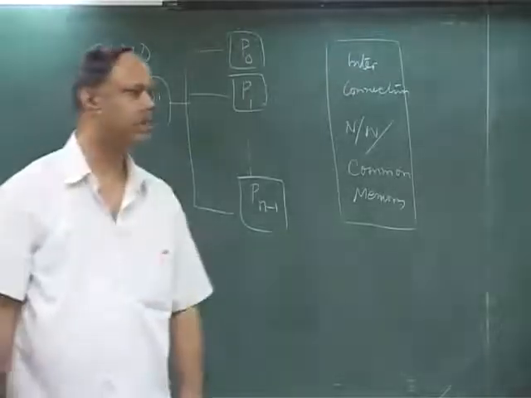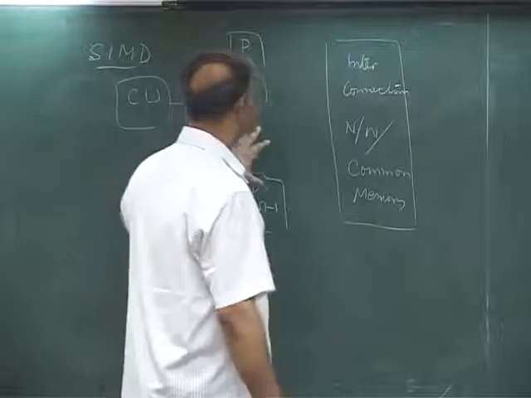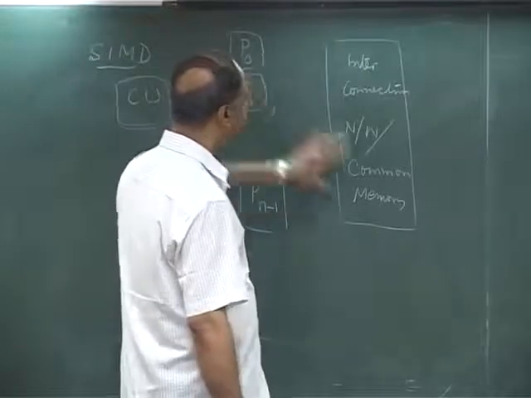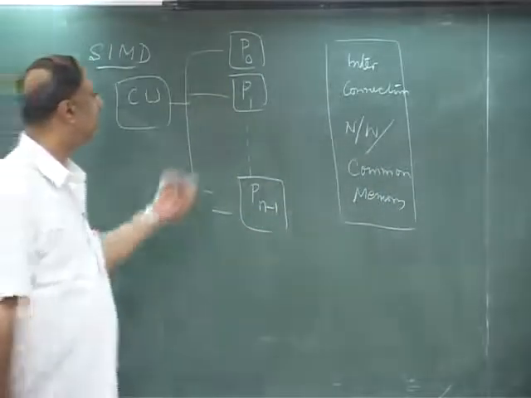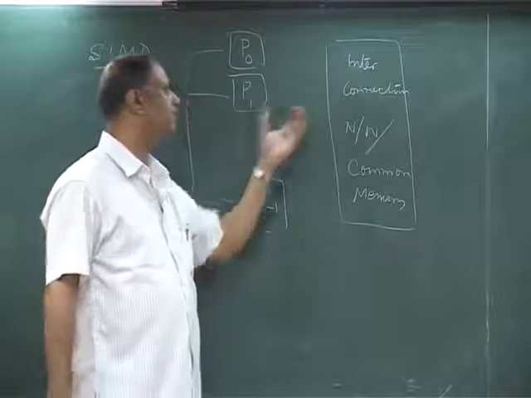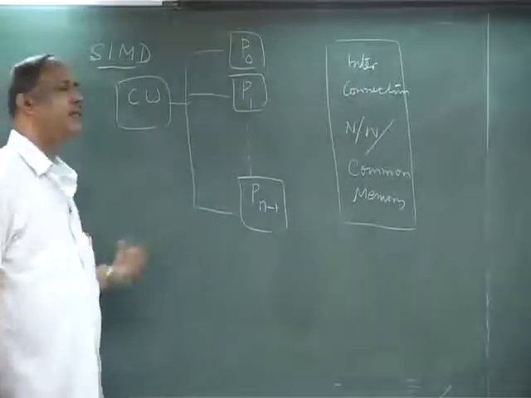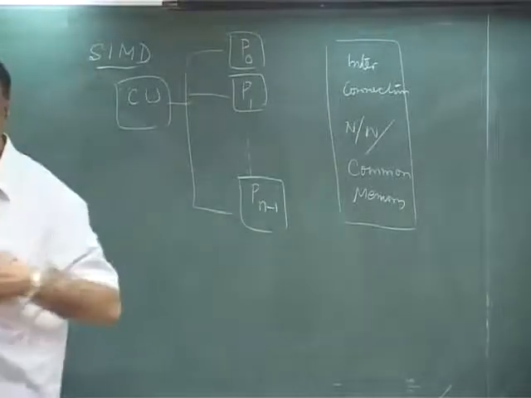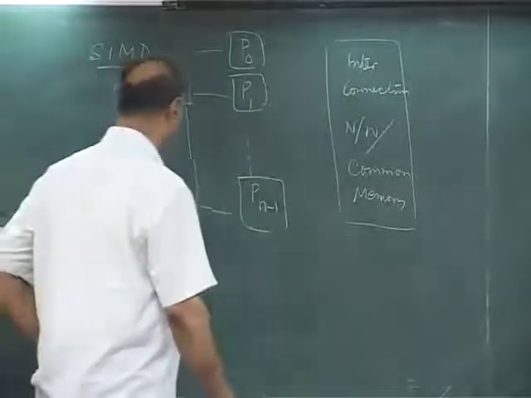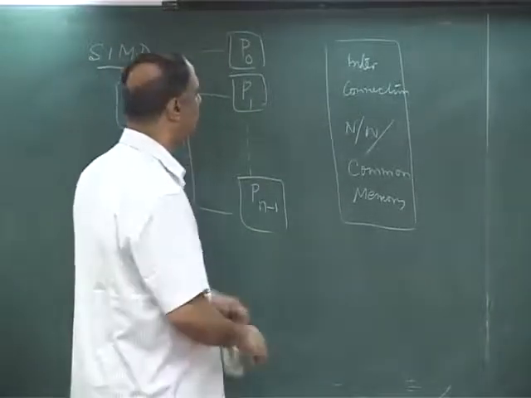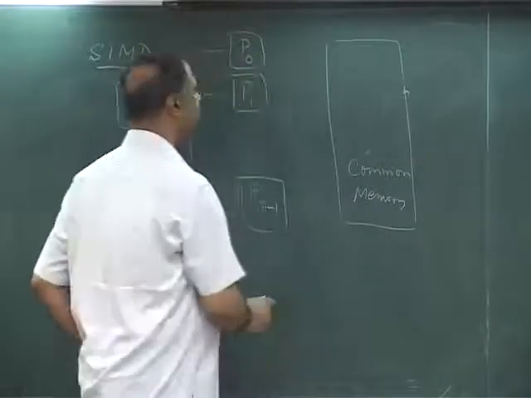All the processors which are active take the data from the common memory, or they can get the data from the neighboring processor through the interconnection network, perform the operations, and store the result into the desired area. The machine or model which is based on the common memory is known as the shared memory model.